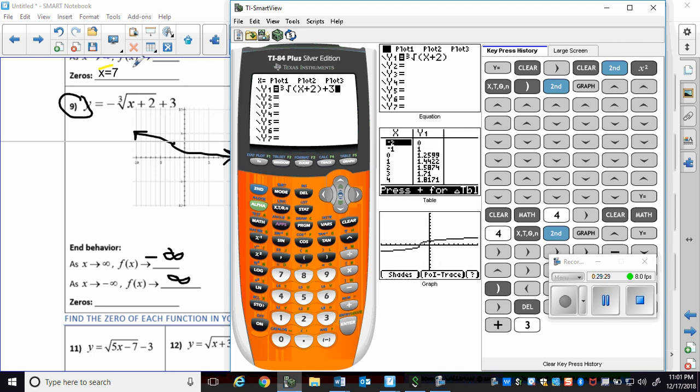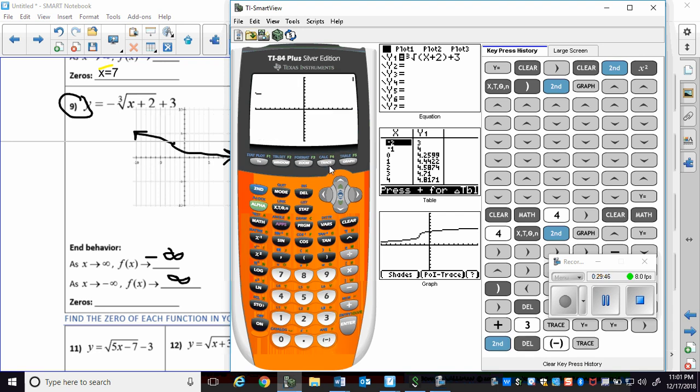And it should reflect over the x-axis. Because I need my negative in front, second insert, negative, and press trace. And it looks close to my graph.